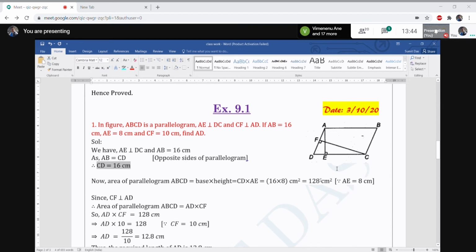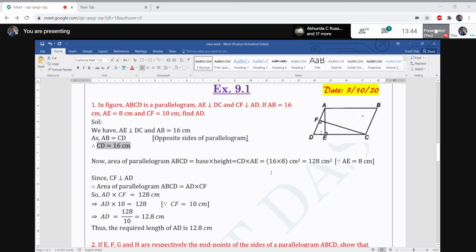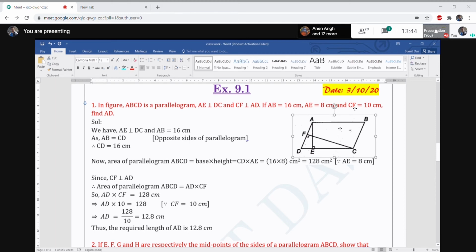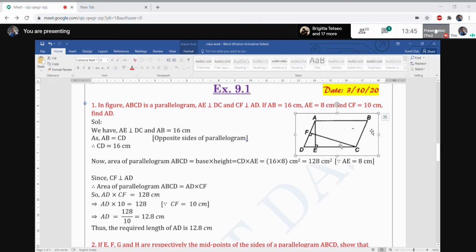Now let's move on to this question. Since CF is perpendicular to AD, as I told, when we take AD as the base, then CF will be the height. So the area of parallelogram ABCD will be AD into CF. Considering AD as the base, CF will be the height.